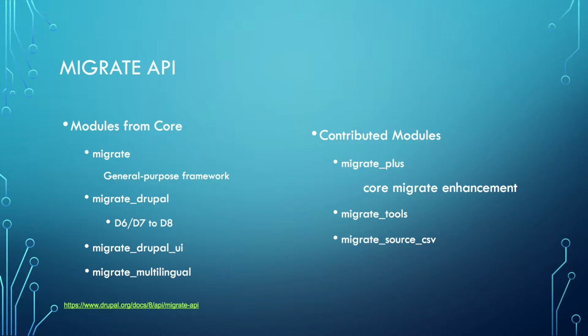The other significant contrib modules are Migrate Plus, Migrate Tools, and Migrate Source CSV. For any migration, Migrate Plus and Migrate Tools are essential. You download them first.